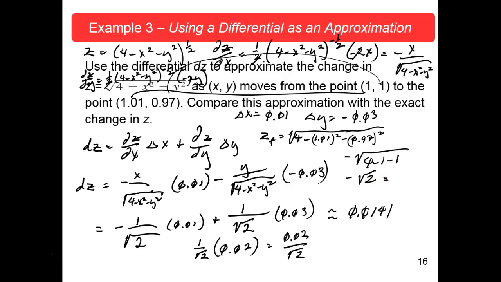What do you get when you take the square root of that? I have 1.42. Oh, wait, I'm sorry. You're supposed to subtract the square root of 2 from that. I forgot to tell you that part.